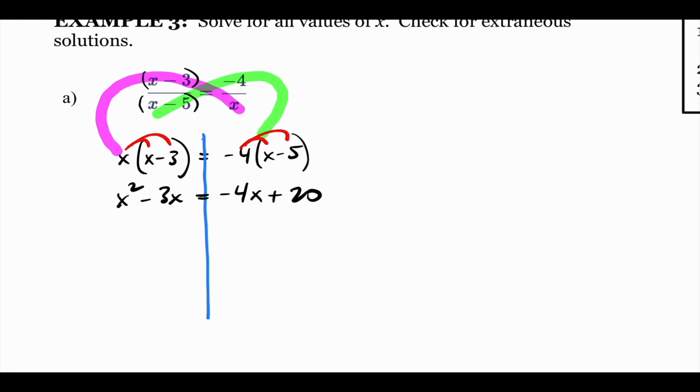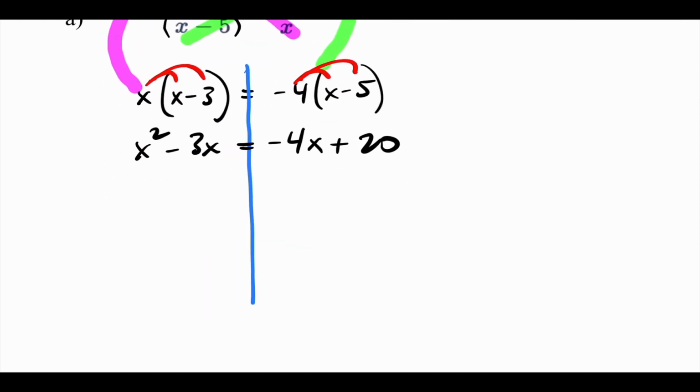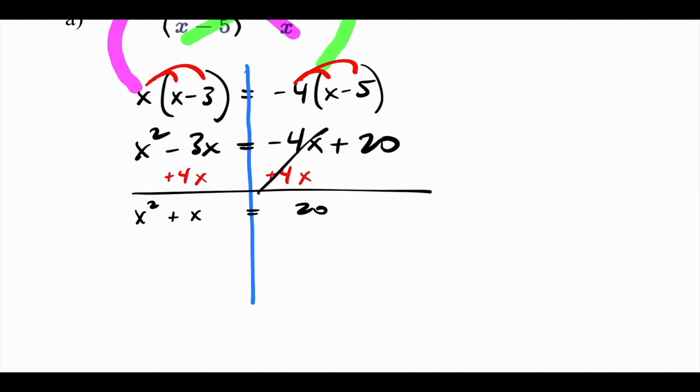So let's set it equal to 0. That's the first thing. Set it equal to 0. Okay? It doesn't matter if you get everything on the left side or the right side of the blue line. Get everything on the same side. So I'm going to add 4x to both sides. Subtract 20 from both sides.